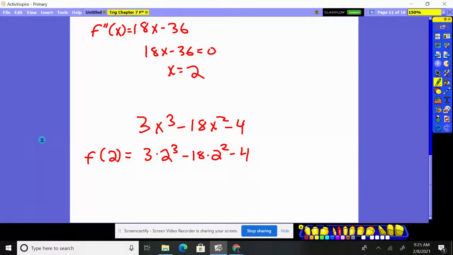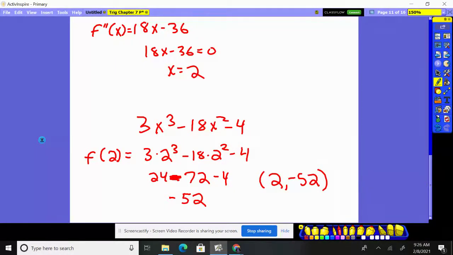So 3 times 8, that's 24. 18 times 4 is what? 72. 24 minus 72 minus 4. So that's going to be negative 52. So 2, negative 52 is our point of inflection.